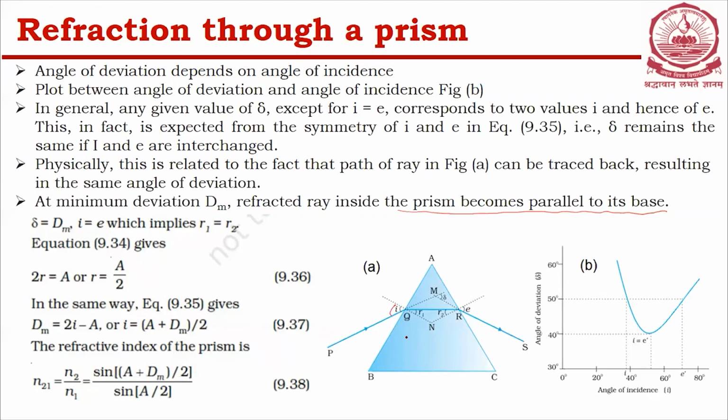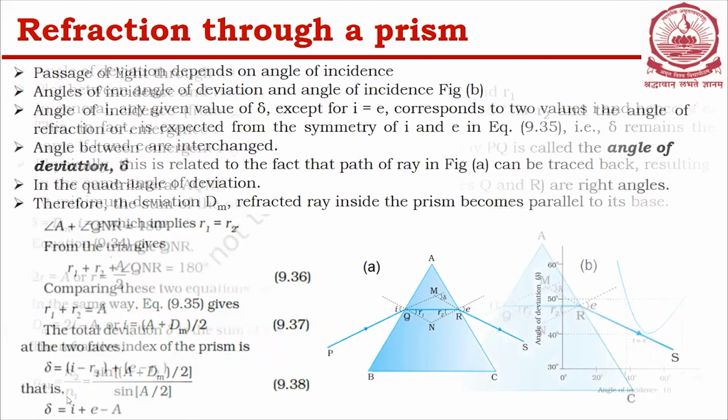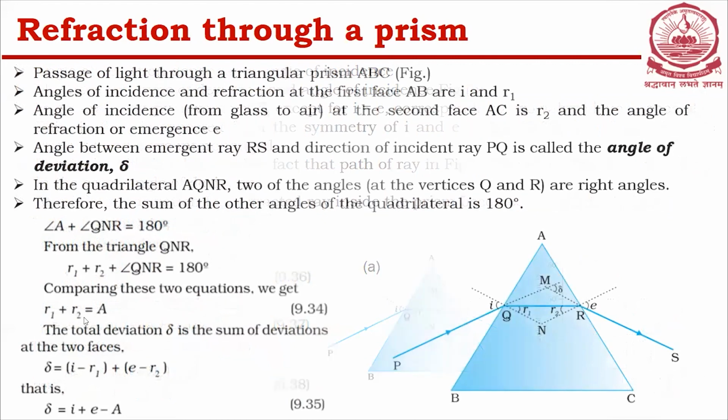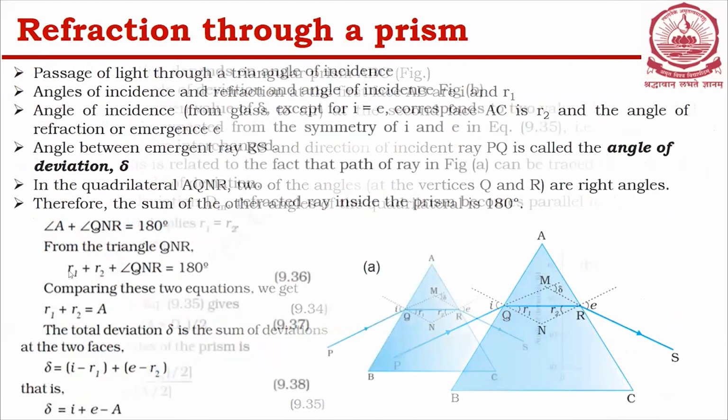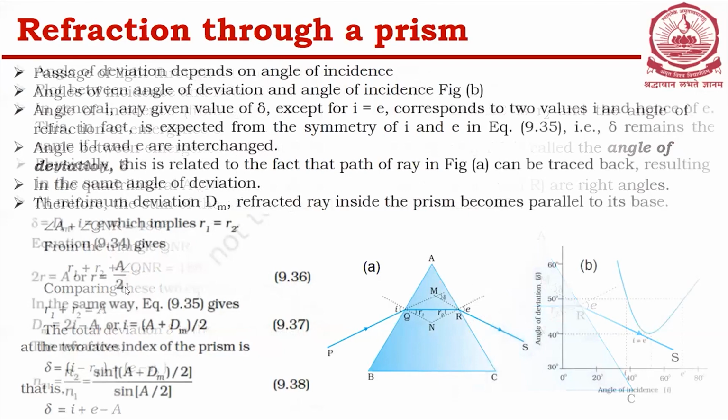Here it is given how to find the angle of the prism. The angle of minimum deviation is delta m, and in this case the ray is parallel to the base, so R1 is equal to R2. From the equation R1 plus R2 equals A, 2R is equal to A, so R is equal to A by 2.